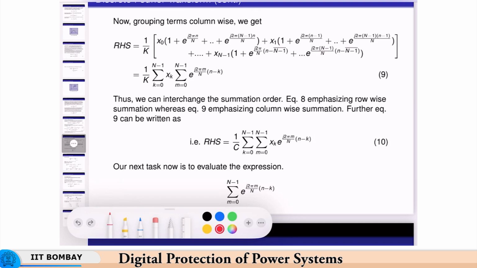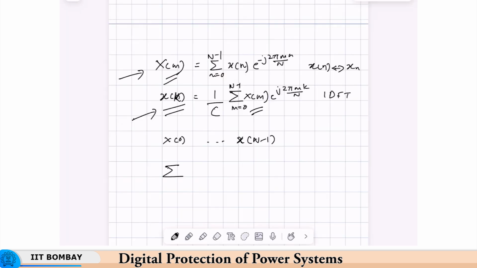But now what happens with n not equal to k? Let us see what happens there. K not equal to n. For k equal to n, we saw that all the exponentials will evaluate to 1. So, you have 1 plus 1 plus 1 n times. Okay. So, now what does this become for m equal to 0 to n minus 1?